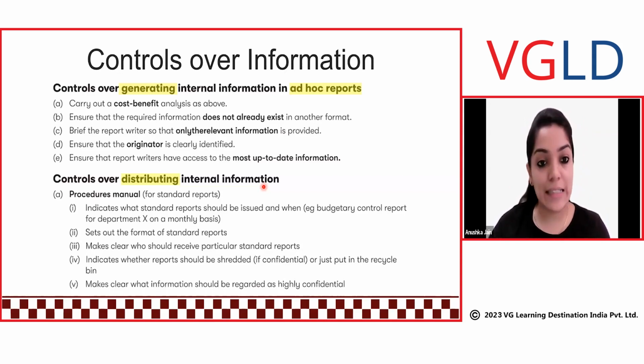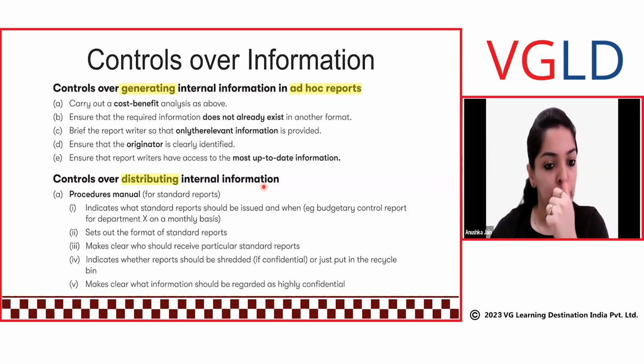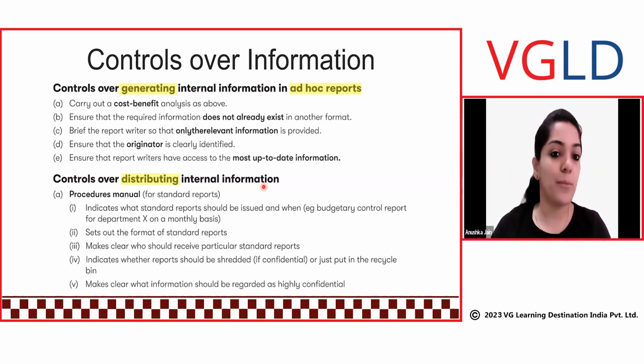Next is originator. Originator is who is circulating that report. So it should be clearly mentioned. It should not come like, prepared by anonymous. So that should not be the case. And lastly, the information contained in the report should be up to date, because it is an ad hoc report, no?